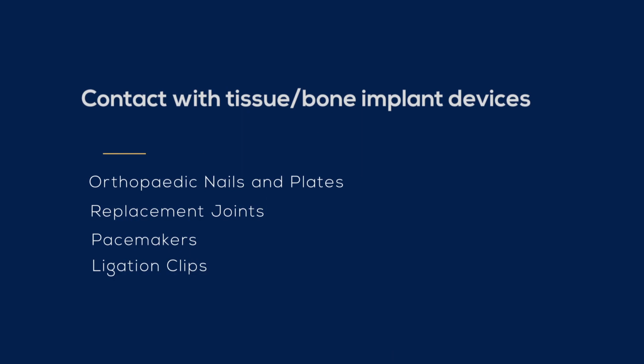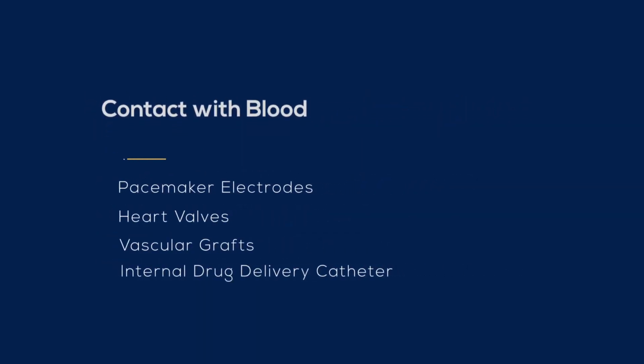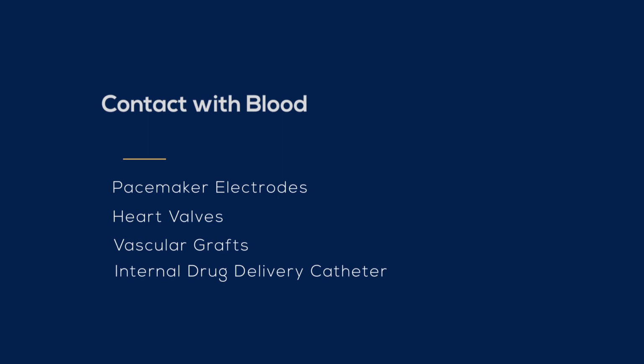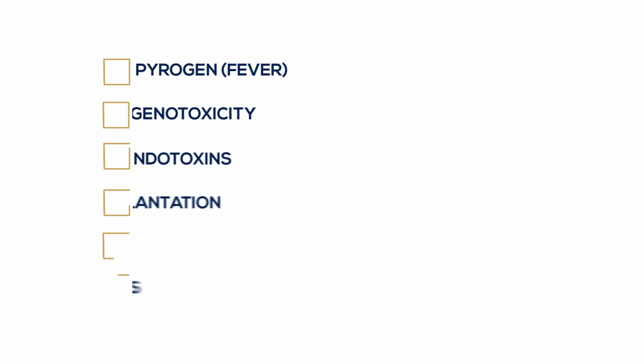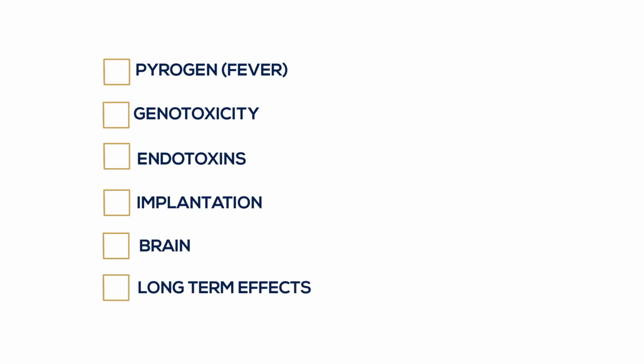Implants are separated between tissue or bone devices and implants which are in contact with the blood, such as heart valves and artificial grafts. All three material categories have specific testing requirements for biocompatibility, which will need to be completed prior to use in patients.